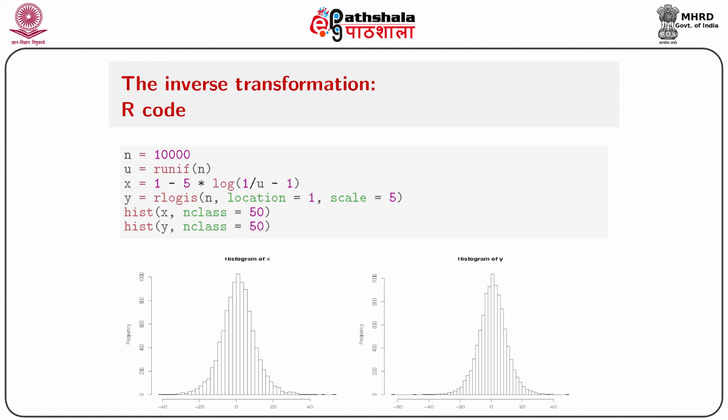Let's see how this needs to be generated in R. First I set n equals 10,000, u equals runif(n), which will generate 10,000 random uniform variates, and x equals, using the same transformation formula that I showed in the previous slide, 1 minus 5 into log (1 by u minus 1), and y equals rlogis(n, location equals 1 and scale equals 5). Here y is generated using the inbuilt R function, and x is generated using the inverse transformation method.